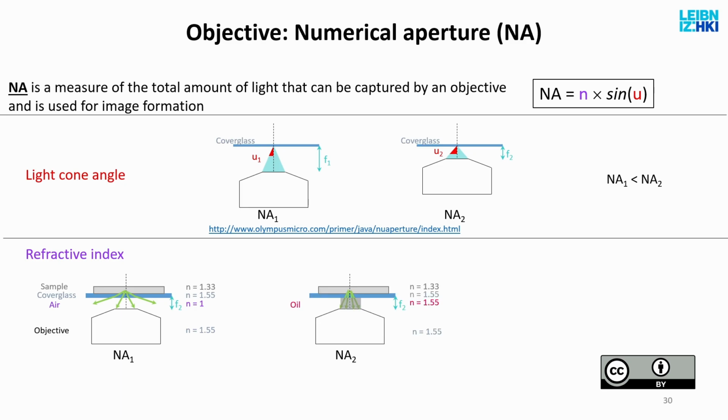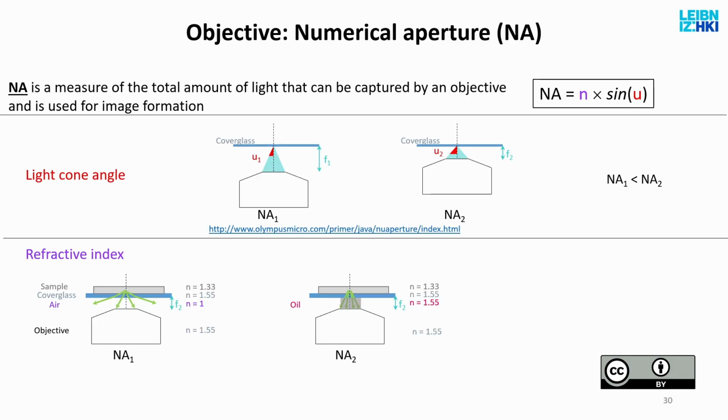How do I do that? I put something optically denser in between the sample and the front of the lens. Why does that work? It works because, first of all, on this surface, between the cover slip and this medium, it's called the immersion medium because the lens immerses into it, the refraction will be mostly eliminated because now I go from a refractive index of 1.5, which is the glass, to oil, which is refractive index of 1.5.